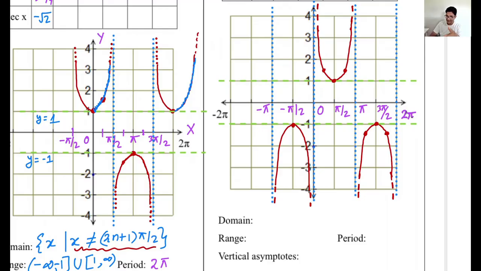And you can see that at 0, pi, 2 pi, and on the left at minus pi, there are asymptotes. So your domain is going to be all x such that x is not a multiple of pi. n is any integer.